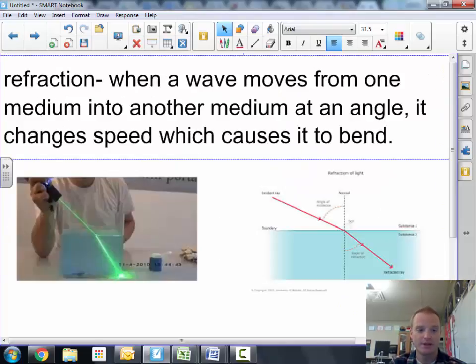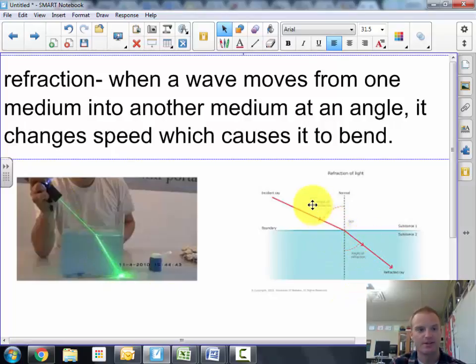The next thing, waves can refract. Remember our phones and our lights we used with the triangular prisms? That light was refracting. When a wave moves from one medium into another at an angle, it changes speed, which causes it to bend. We saw this yesterday. Here the light is in the air, then it hits the water, and it bends.